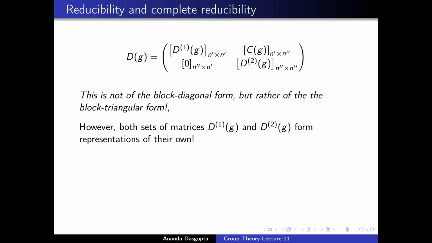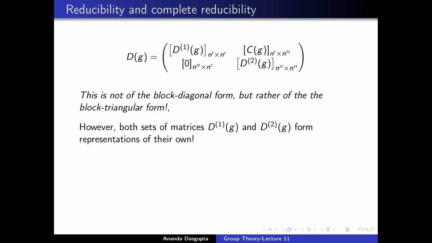You can easily check that the fact that D is a representation, hence D of G1 G2 is D of G1 times D of G2, will lead to D1 of G1 G2 being equal to D1 of G1 times D1 of G2, as well as D2 of G1 G2 being equal to D2 of G1 times D2 of G2. So, as I've said, both the square matrices along the diagonals of this block triangular form happen to form representations of their own.